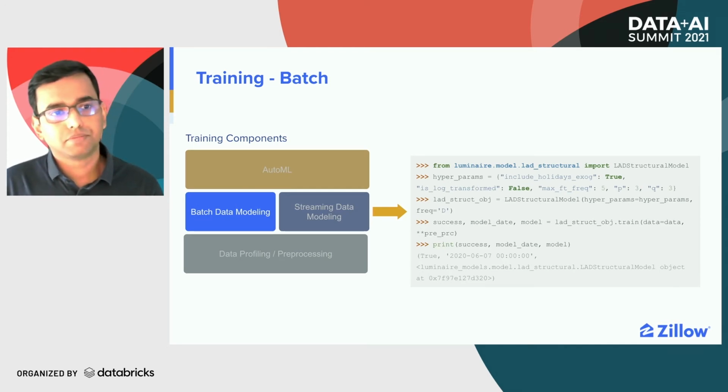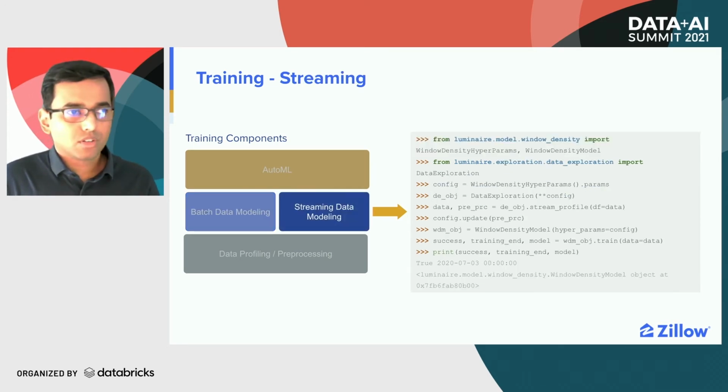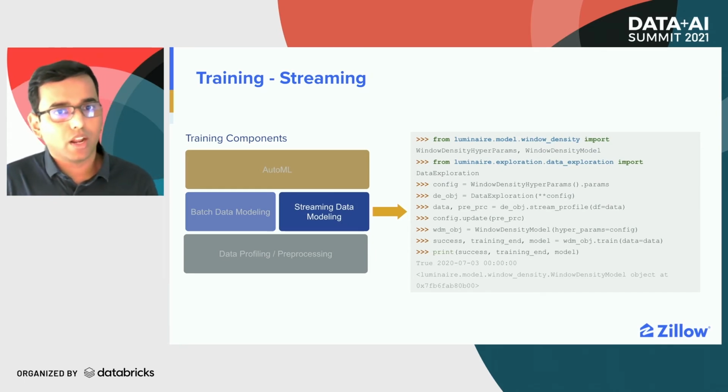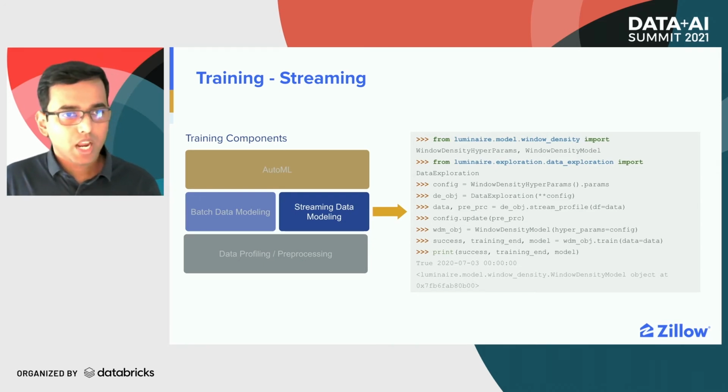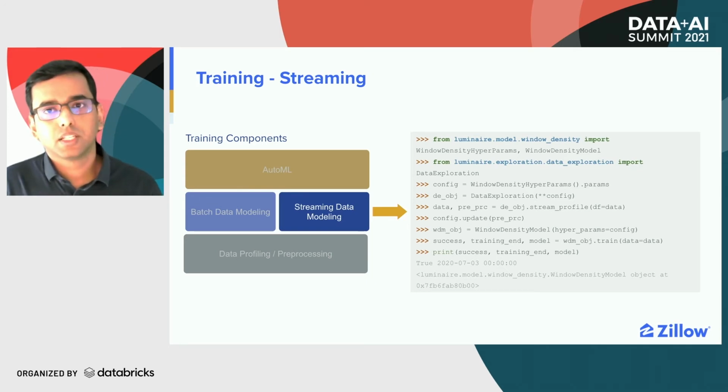do the training. Similarly, for streaming data use cases, Luminaire has a window density model, and you can use a window density model class and pass your time series, and it will run the training based on the configuration you specified.